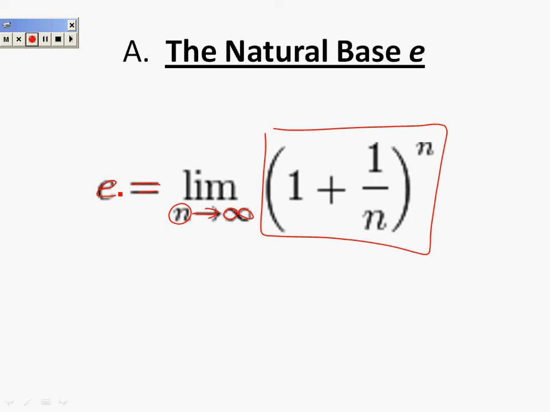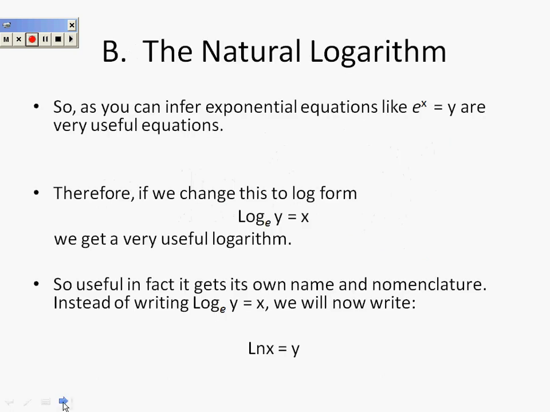So that's one way that e pops out. It pops out in a few different things. It also comes out in something called a Taylor series, which is a calculus topic. But it's in a few different places. So it's just a special number that comes out of the math in a variety of ways. All right, now let's move along. We'll talk a little bit more about it.